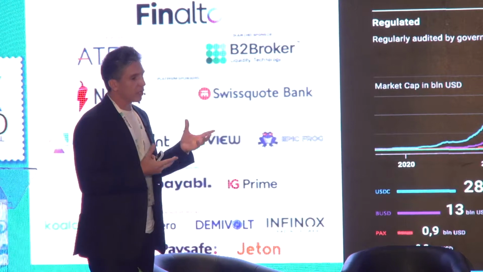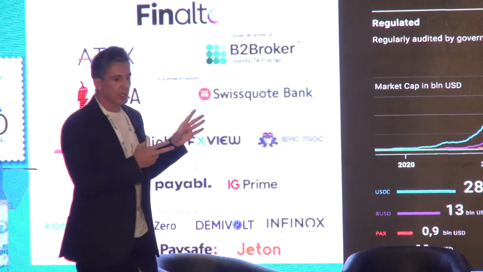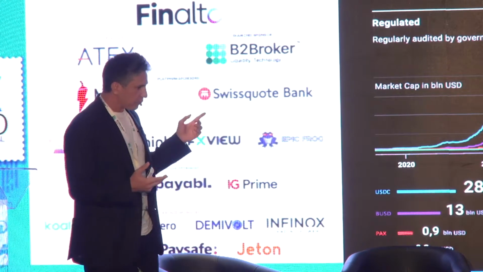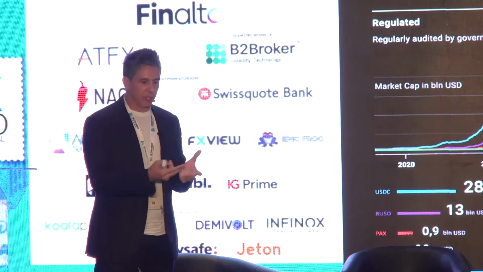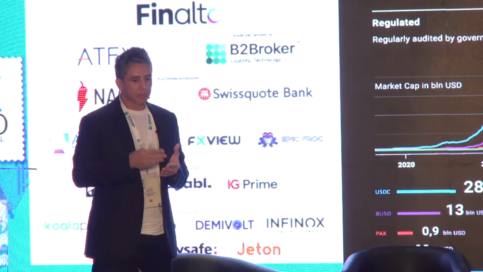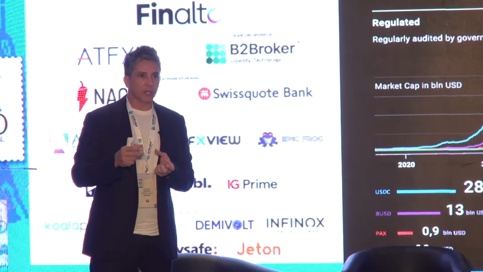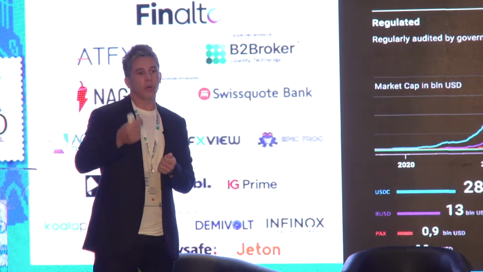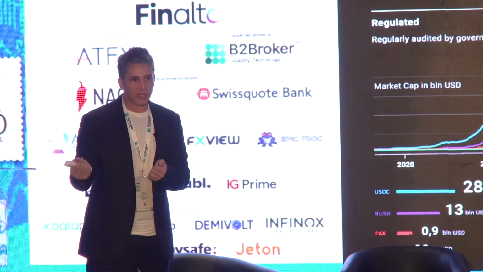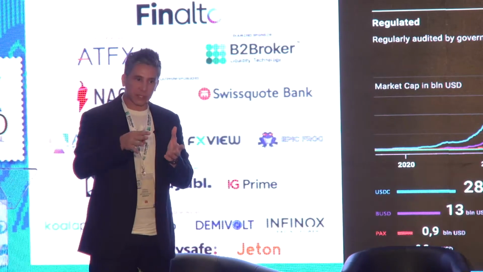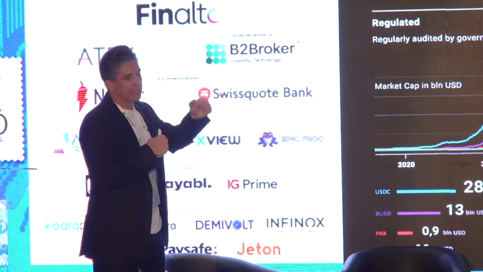Why? Because all the institutions, this is a United States regulated stablecoin. And why are they regulated? What does it mean? It means that there is a trustee company where the issuer keeps all the funds in dollars, and these dollars are backed by this USDC.